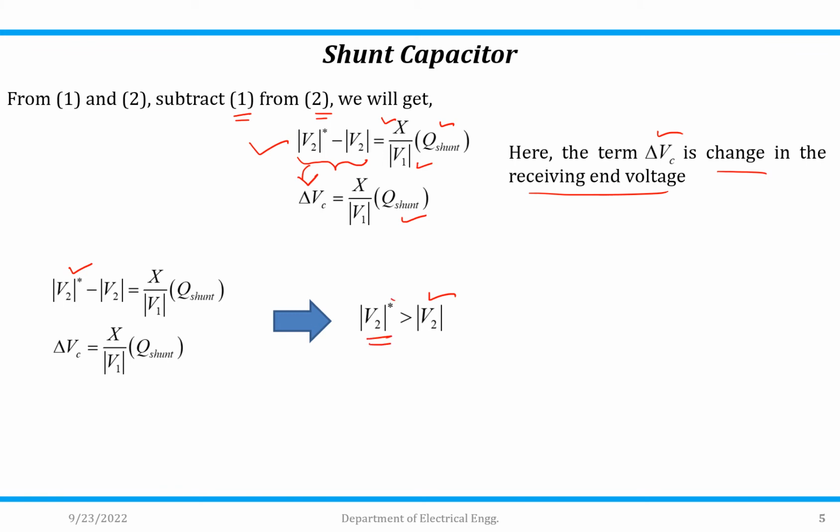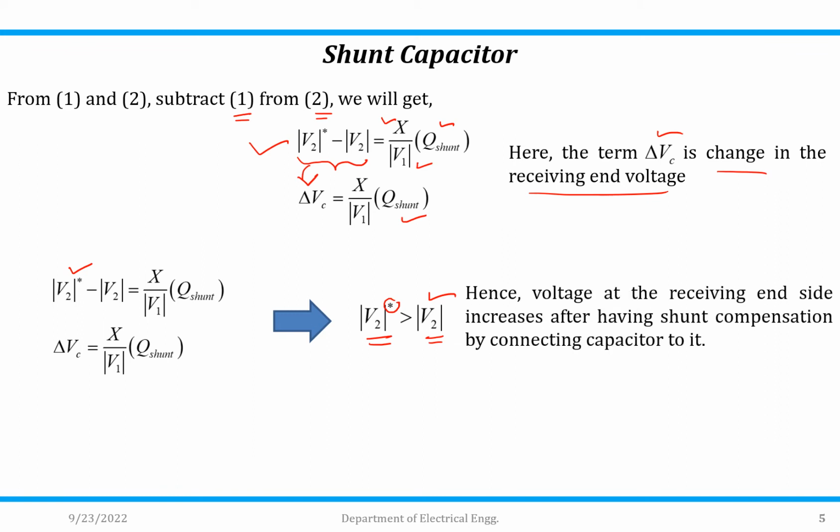It is the receiving end voltage when we have a shunt compensation. What is V2? It is the receiving end voltage when we don't have a shunt compensation. So that's why the voltage at the receiving end is going to increase after having a shunt compensation, that is by connecting a capacitor in parallel to the load.